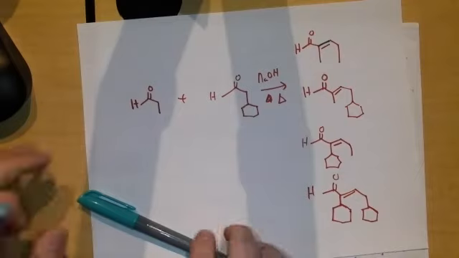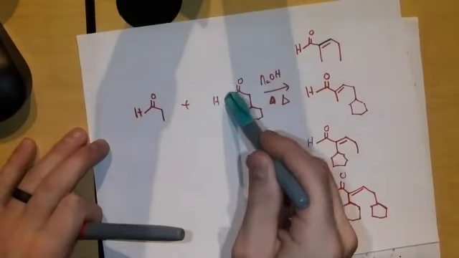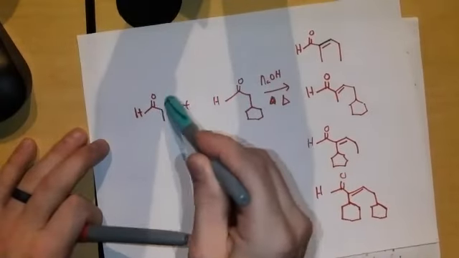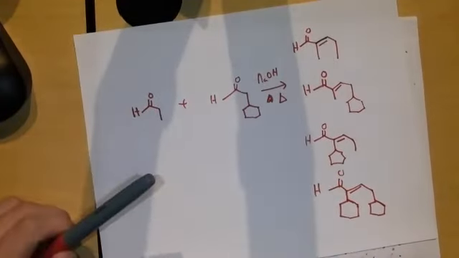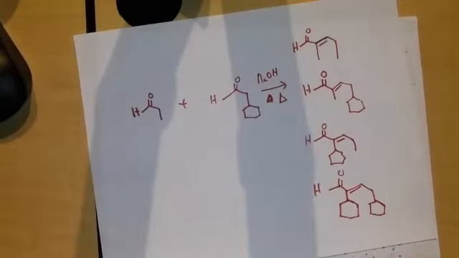If you want to think of it as, instead of there being an H here, this is now the bond that's attached to your beta position. That's another way to think of it. Okay.